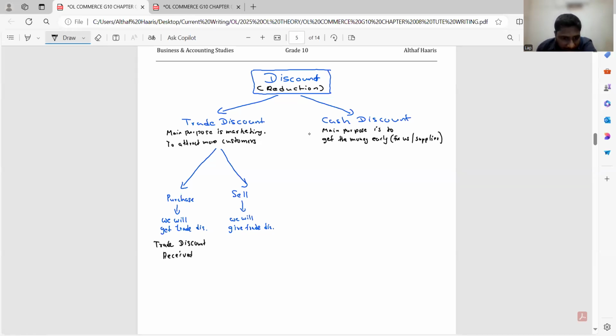For this one, we are giving a name, trade discount given. For given, there is another name. Can anyone tell me what is that name? For given, there is another name in accounting. When we are giving discount to our customers, we will call it allowed. Allowed. Good.